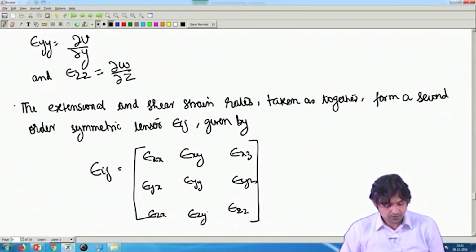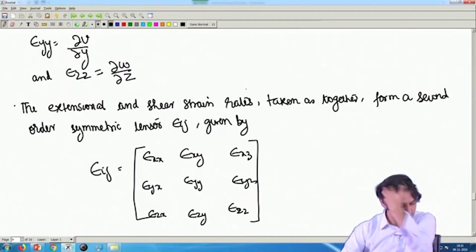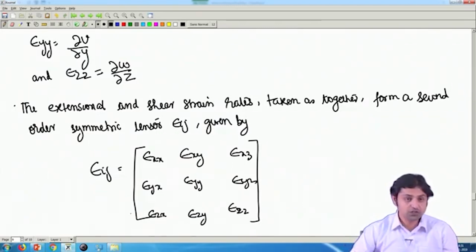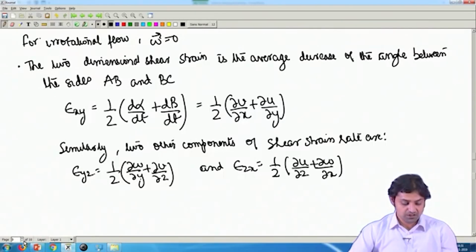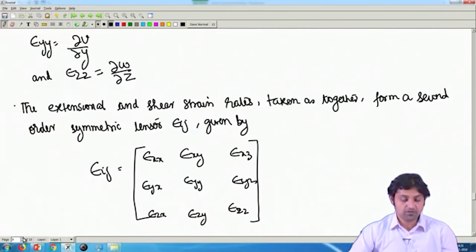What we have done here is we have written the total strain rates and found that epsilon xx was del u del x, epsilon yy was del v del y, epsilon zz was del w del z, and similarly we also found the shear components epsilon xy, epsilon yz and epsilon zx, half of del v del x plus del u del y.